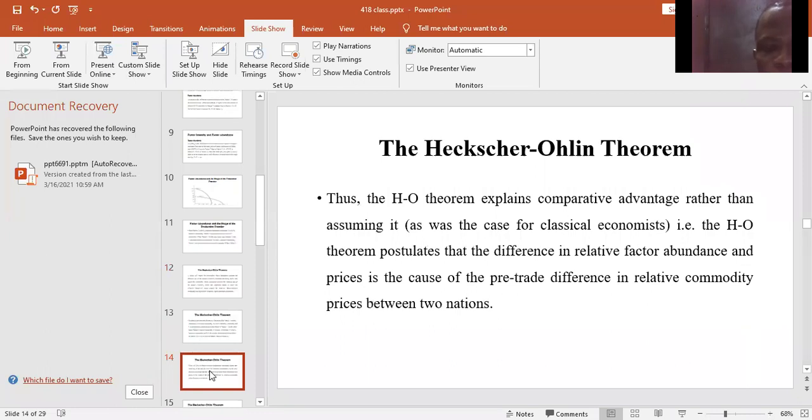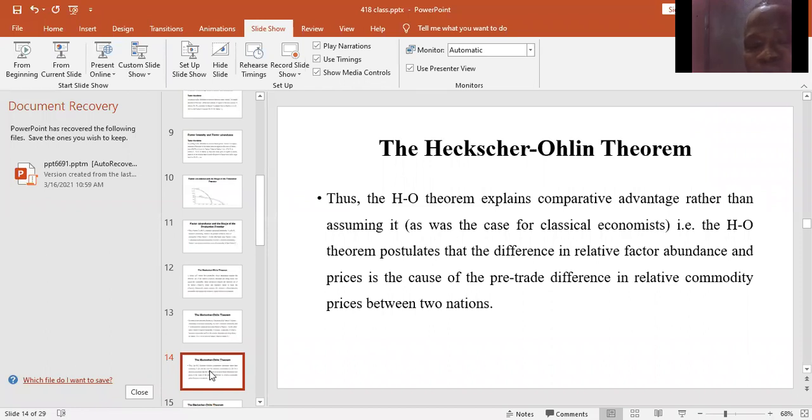This gives more credence to what we discussed about the theory. Thus, the Heckscher-Ohlin theorem explains comparative advantage rather than assuming it. In the case of Ricardo, the issue of comparative advantage is taken as given. This Heckscher-Ohlin or HO theorem actually provides the explanation that you will have a comparative advantage in the production of a particular commodity that uses more of the abundant factors in such an economy.